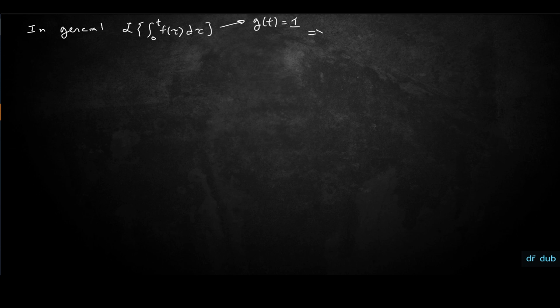So that tells us that the Laplace transform of the integral from 0 to t of f of tau d tau is going to equal F of s times 1 over s.